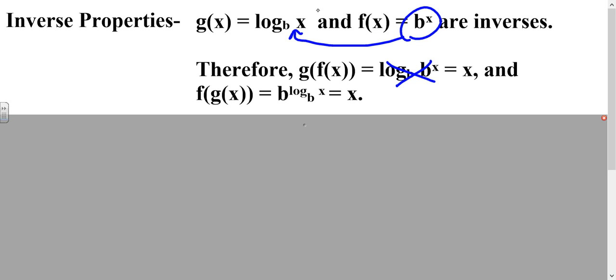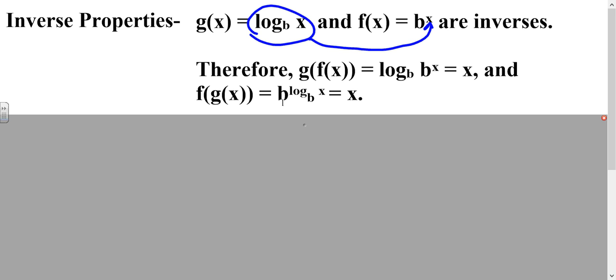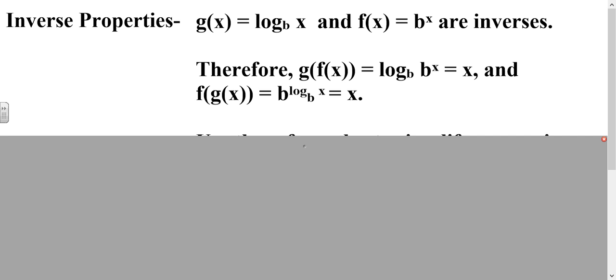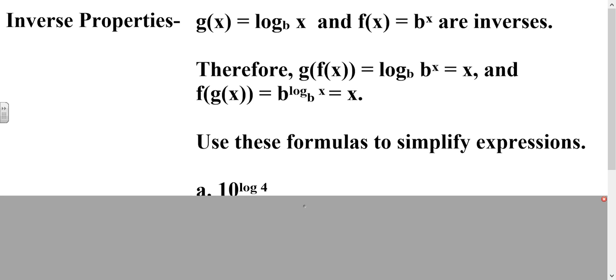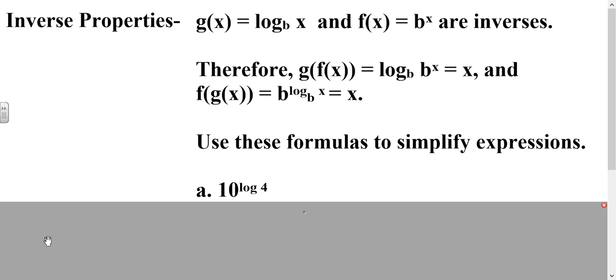If I was to take this one and plug it in for x, then the base and the logarithm would cancel out, which would equal x. So that is why they are inverses of one another. So don't get too hung up on these because it'll be easier when you see it with numbers. So we're going to use this to simplify these.